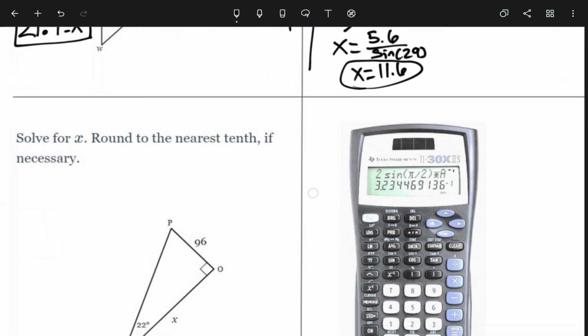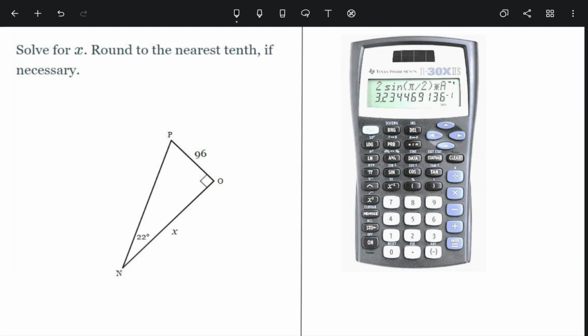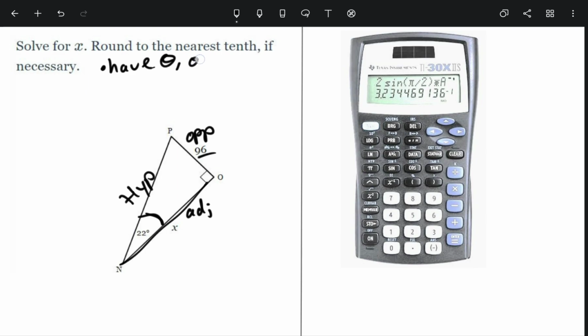Now let's move on to the next one. Solve for x, round to the nearest tenth if necessary. So we have our reference angle, like usual. This is our adjacent, this is our hypotenuse, and this is our opposite. We have our angle and we have our opposite. We are looking for the adjacent side.